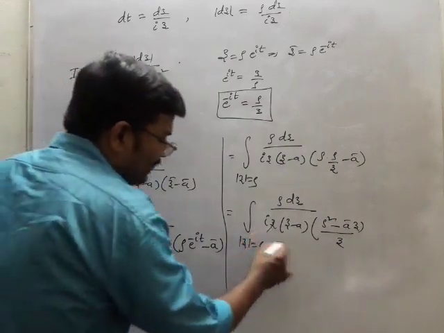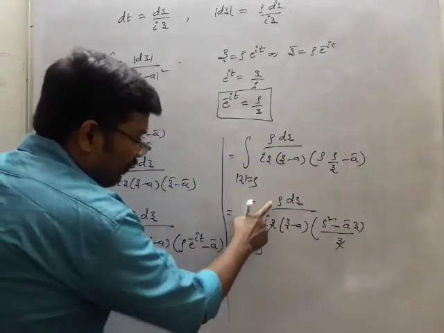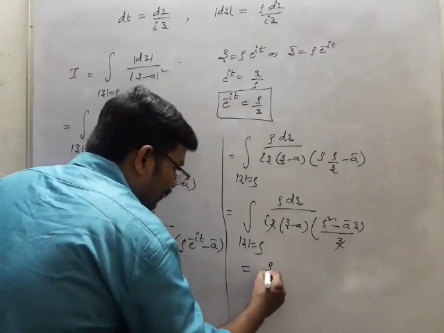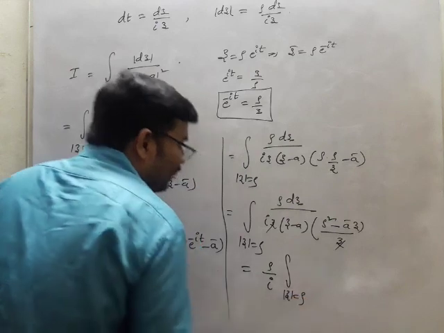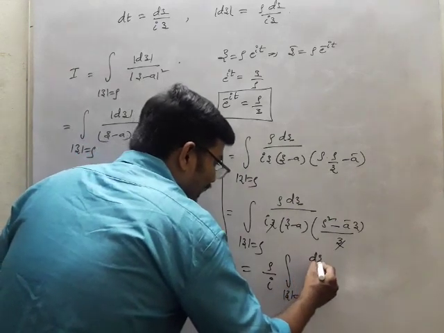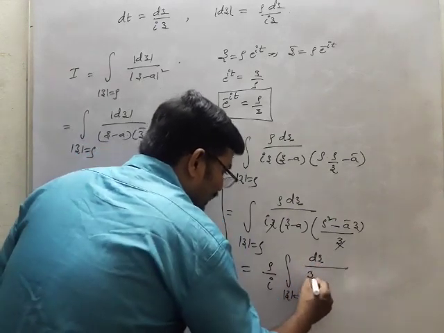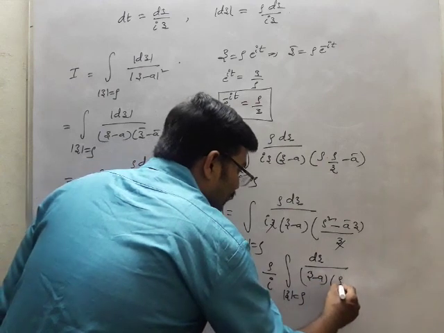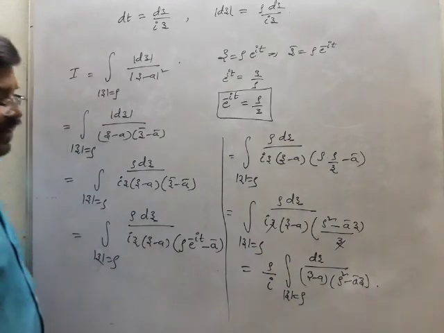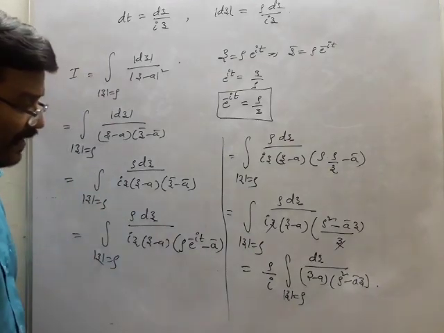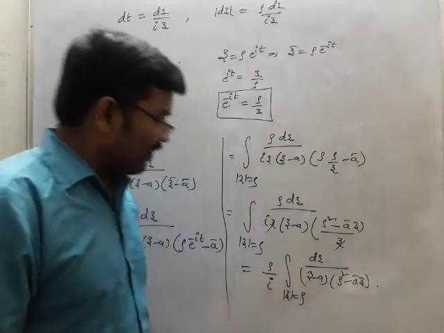So this z and this z will get cancelled. So rho by I, I'll take it out. Rho by I have taken out. Mod z is equal to rho. This is dz by z minus a. This is rho square minus a bar z. You got as rho square minus a bar z. This is what we got.